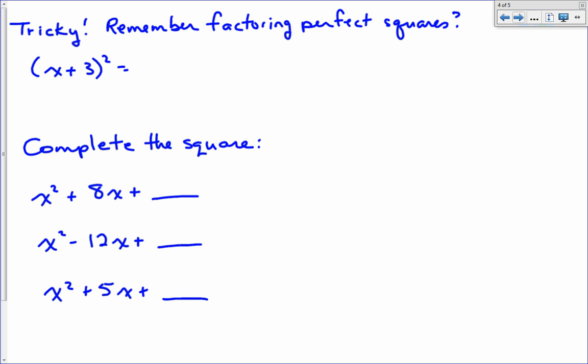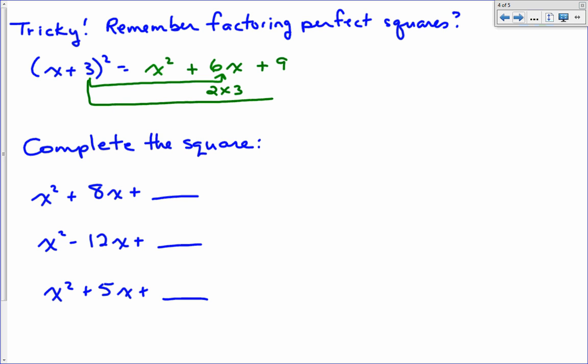When we multiplied that through, we ended up with x squared plus 6x plus 9. Notice that the x term, or that middle term, is 2 times 3, and that last term is 3 squared.